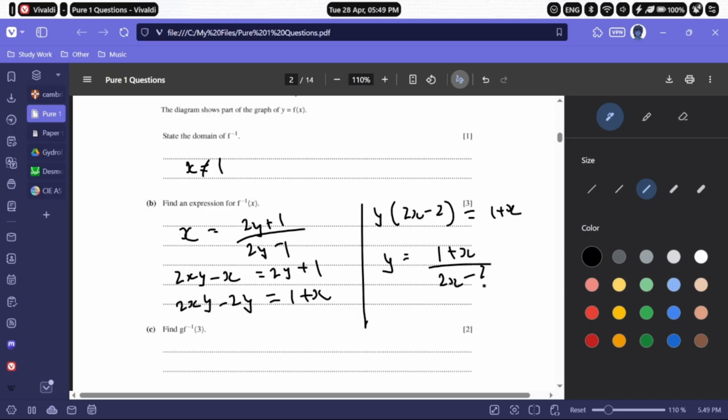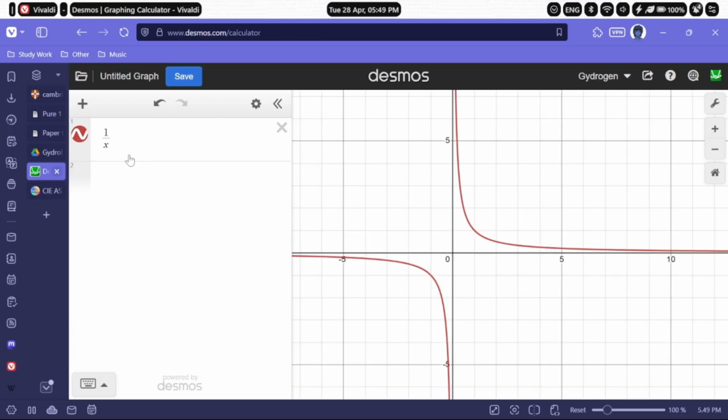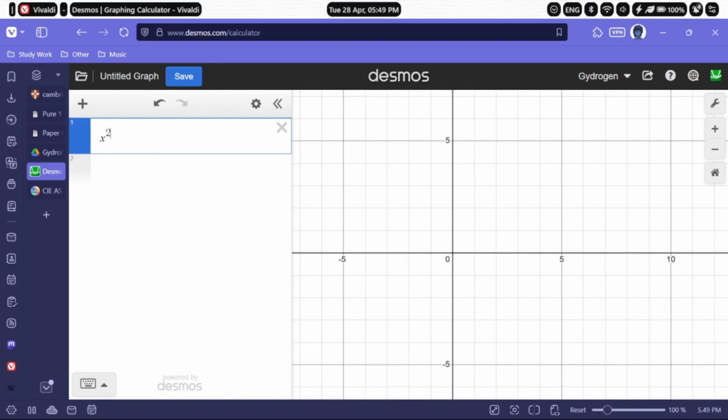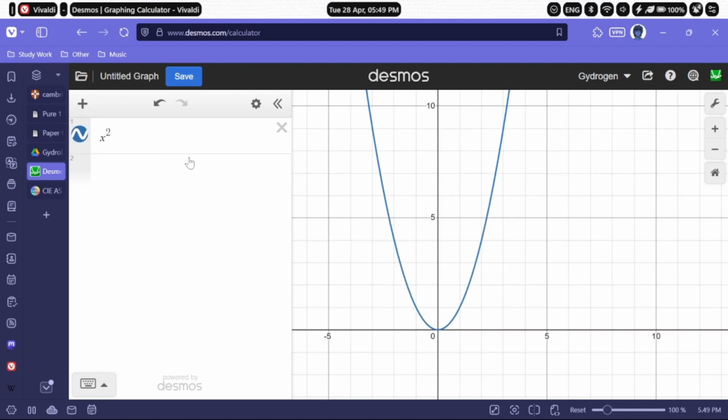Wait, hold on. Do you know the shapes of graphs? I think for questions related to functions, you definitely need to know the shape of graphs. So this is your x squared, which is going to be a parabola.